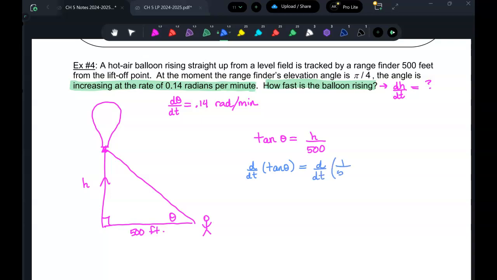I'm going to rewrite this as 1/500 times h, just so you can see it as a coefficient. The derivative of tangent is secant squared of theta times d theta dt, equals 1/500 dh dt.